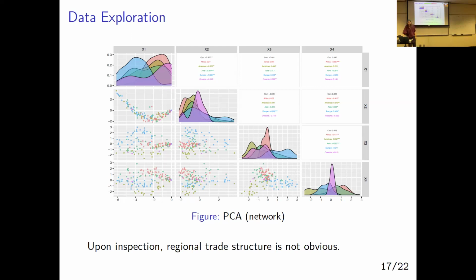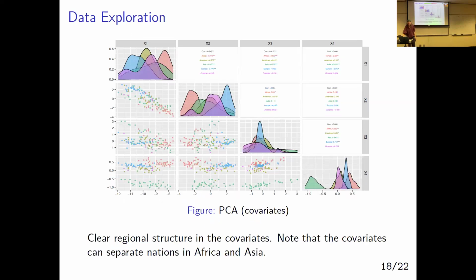But if we do PCA for the covariates that we grabbed, it definitely looks like there's better community structure. If you go in and look at the covariates, you'll see there's pretty good clustering based on geographic region. That's just because I picked covariates that are very much affected by region.